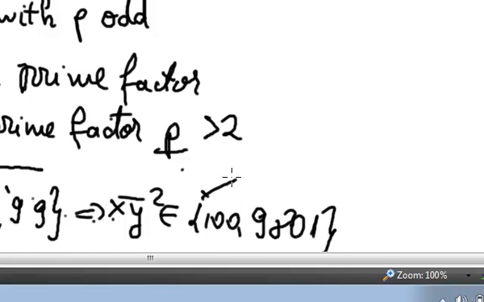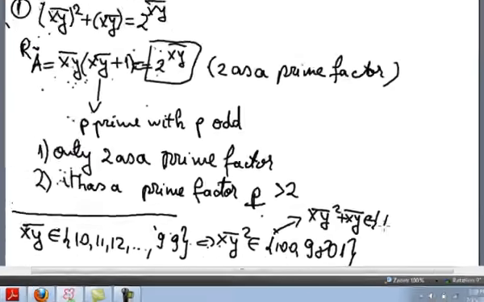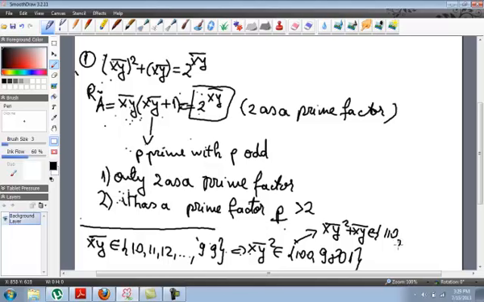So (xy)^2 + xy belongs to the set 110, ..., 9900.